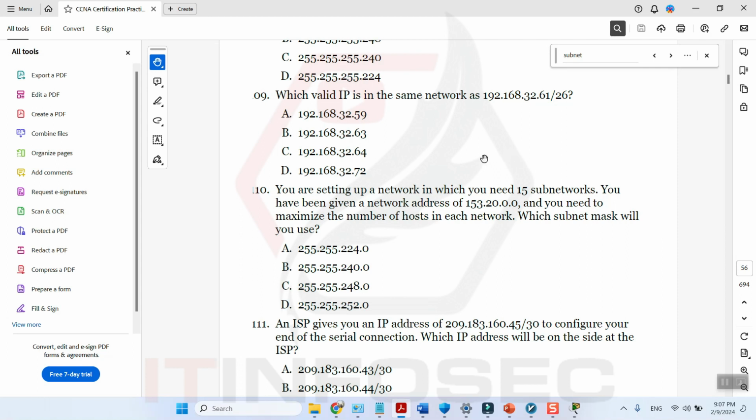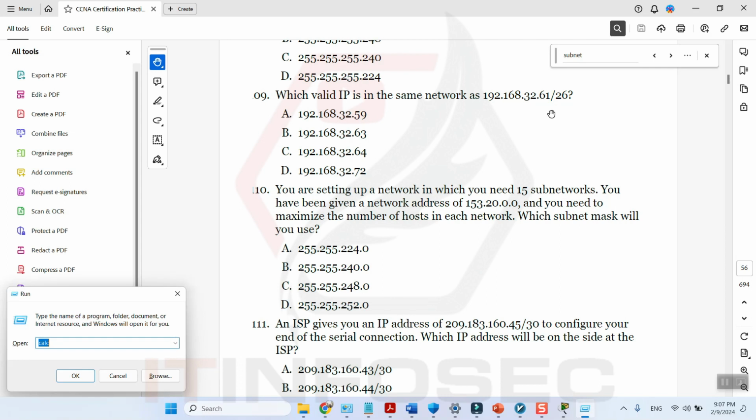Well, for example, from this page I will solve these two questions. Which valid IP address is in the same network as 192.168.32.61? I said the first step to solve subnetting questions is typing your subnet mask in binary value.